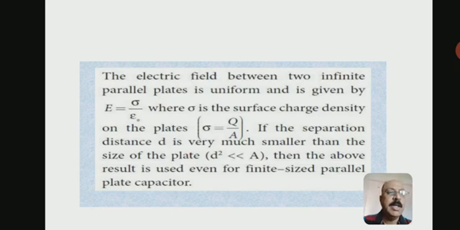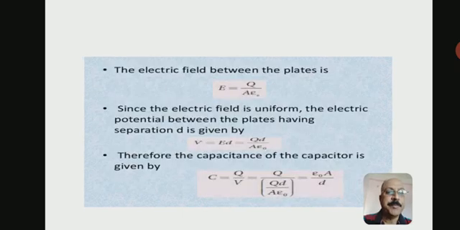If the separation distance d is very much smaller than the size of the plates, then the above result is used even for an infinite sized parallel plate capacitor. Now the electric field between the plates is given by E is equal to Q divided by A times epsilon naught. Since the electric field is uniform, the electric potential between the plates having separation d is given by V is equal to E times d.